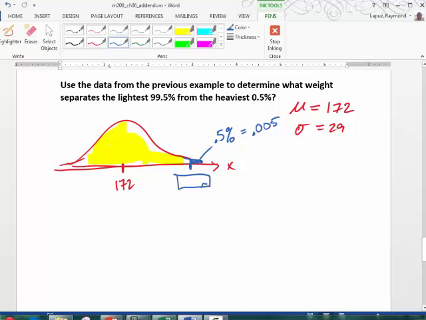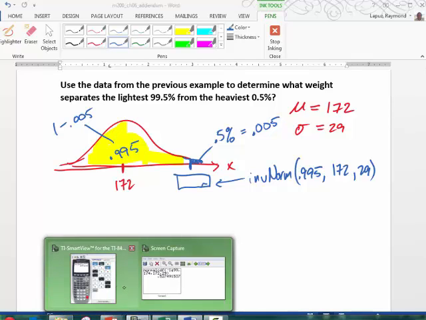So this value here, or the area to the left, is 1 minus 0.005, which I think is 0.995. And that's what we need, the area to the left. So to find out this value, we're going to use the inverse norm. The first argument in the inverse norm is the area to the left, and the area to the left is 0.995. And we have a mean of 172 and a standard deviation of 29.